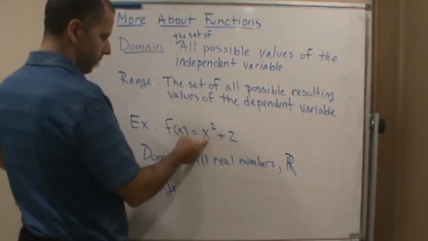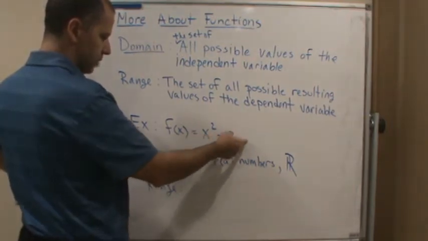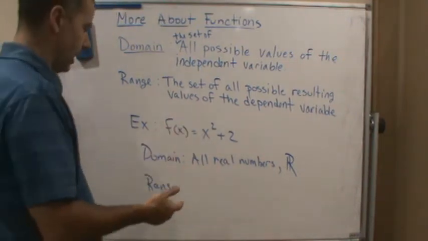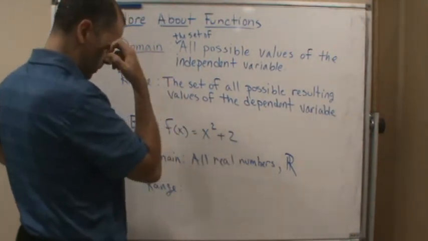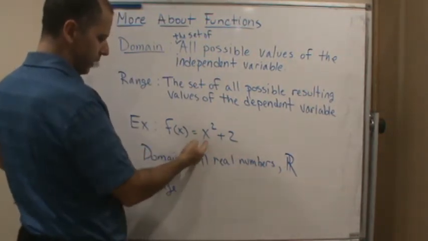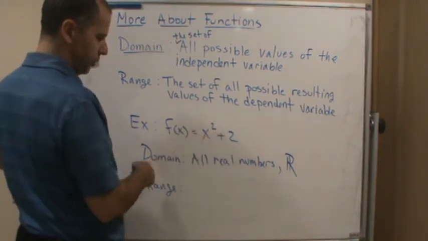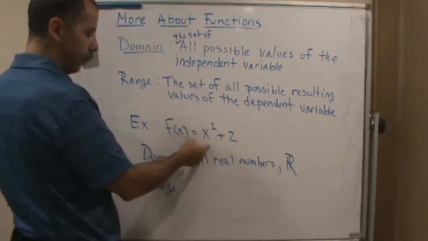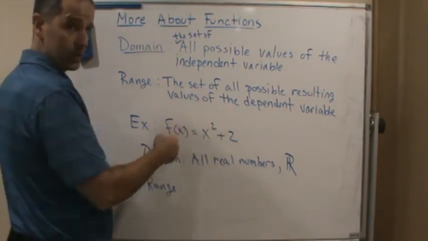If I put in 4, I get 16 plus 2, which is 18. And so as x gets bigger, positive, I'm going to get a positive number. What about negative numbers? What happens if I put negative numbers in here? Well, if I put in negative 1, I get a positive 1 plus 2, which is 3. If I put in negative 4, I get a positive 16 again, plus 2, which is 18.